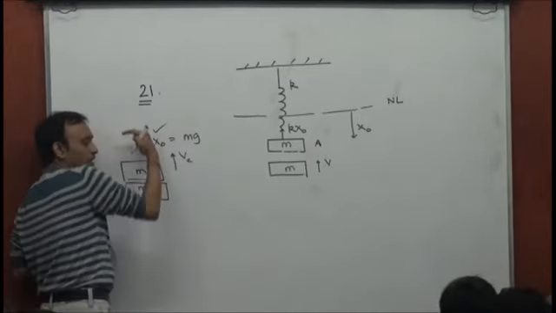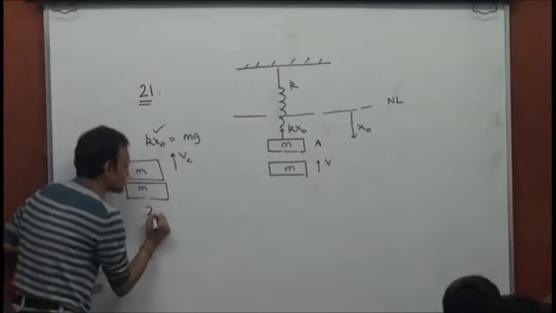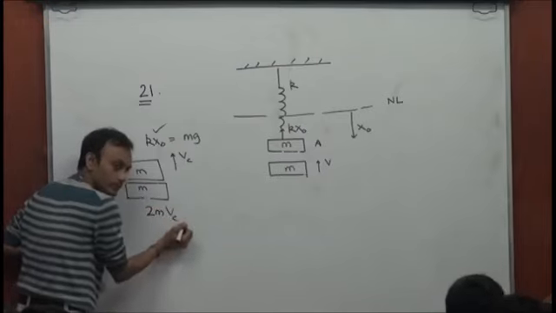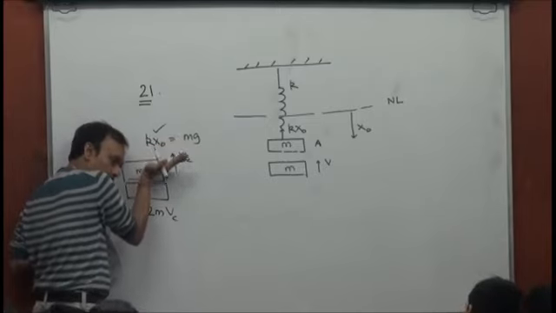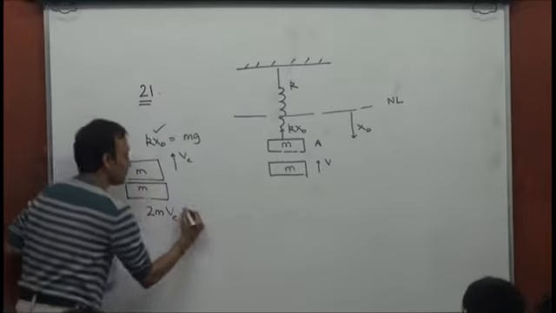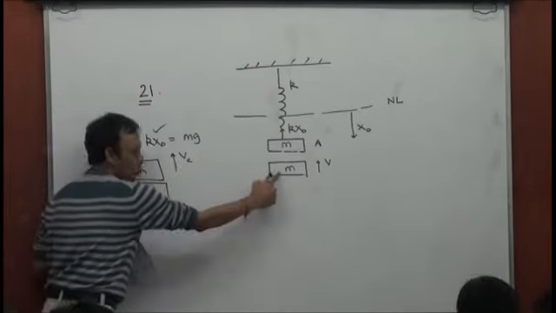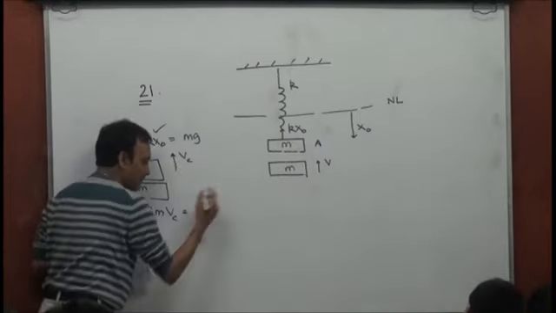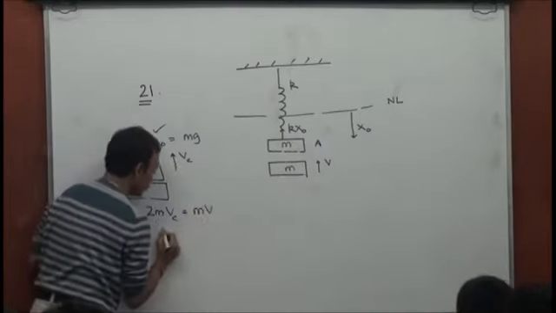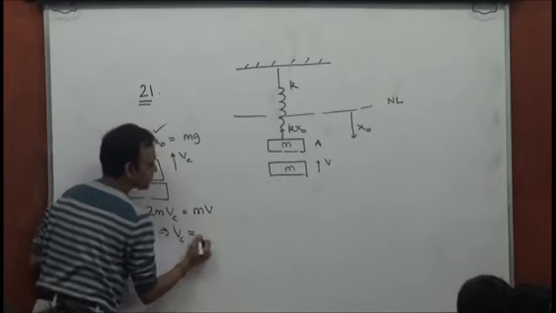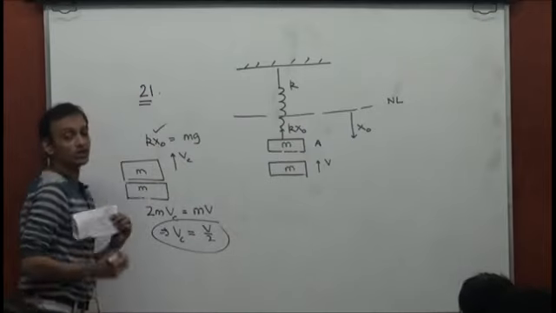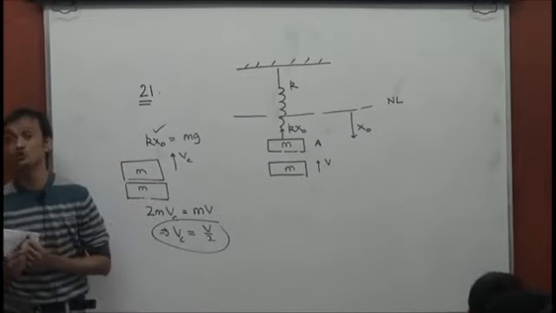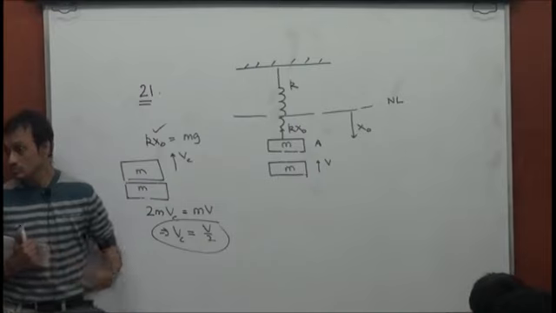The total linear momentum just after impact of the system is 2m into vc. They move together with a common velocity after they get stuck to each other, right? And that must be equal to the total initial momentum brought by m. Therefore, vc, the common velocity of the combined mass just after collision, is going to be v by 2.